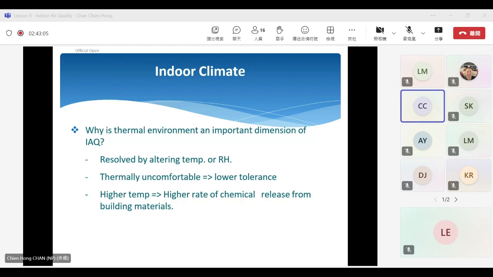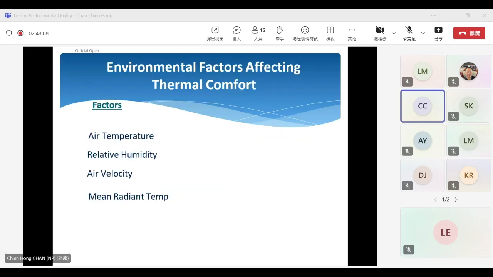Right? And that could contribute later to molding issues. So when we do indoor air quality investigations or design, these are the important environmental factors that we will consider: the air temperature, the relative humidity, the air velocity, and the mean radiant temperature.